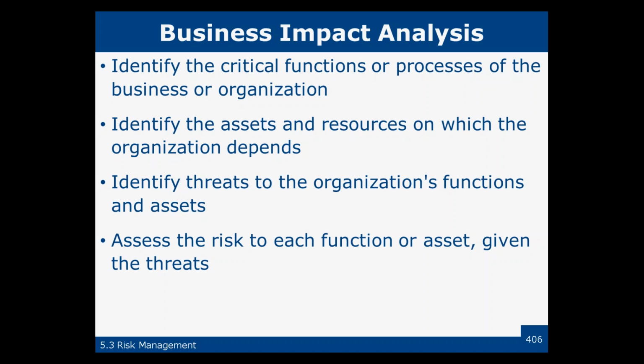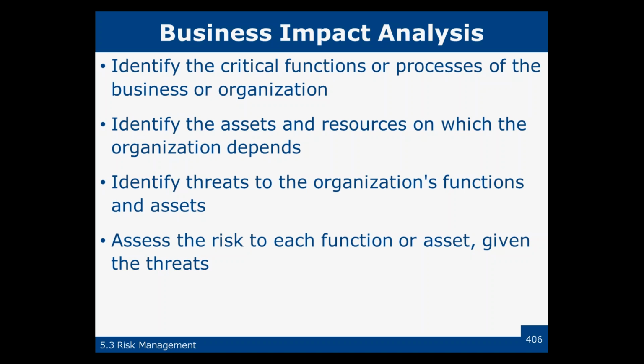Identify threats to the organization's functions and assets. What are the threats that you foresee, that you perceive? You're going to need some help with these things, obviously. You may have groups get together, identify the threats, identify the assets, identify the critical functions of the organization. You're probably going to want to flow chart each of these things.